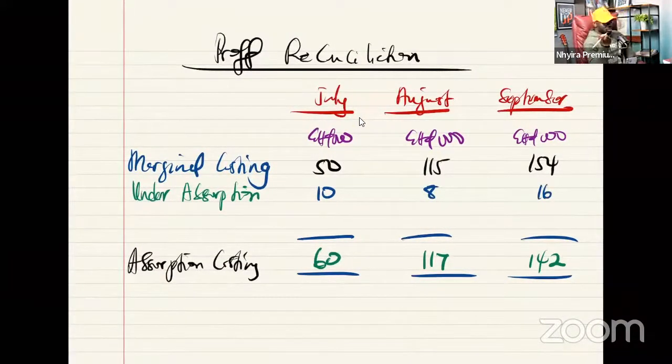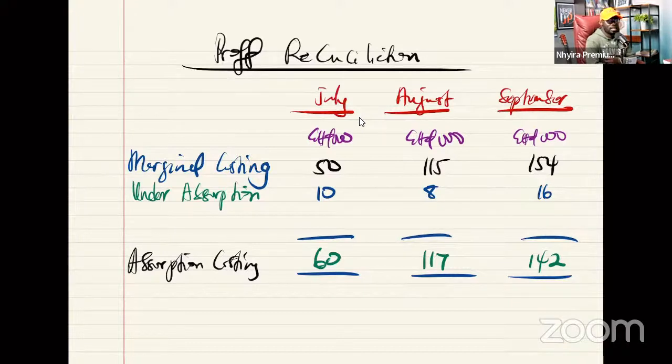Now, this is where from the subsequent year, the reconciliation is going to take a different format. What do we mean by that? Because like we said earlier, there are two reasons why there will be differences in the profit. The first one is the over or under absorption of overheads.